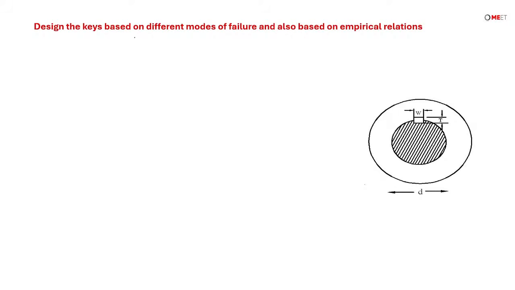Next is to design the keys based on the different modes of failure and also based on empirical relations. Now this is the shaft. This shaded portion is called the shaft and the outside portion is called the hub. You can see some portion of the key is inside the hub and another portion is inside the shaft. Due to the motion of the shaft, sliding of surfaces is likely to happen.